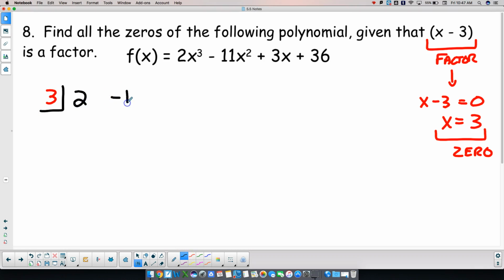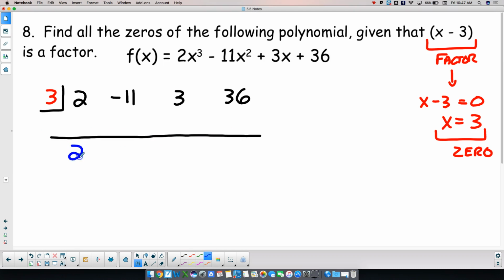Two, negative 11, 3, 36. Two, 6, negative 5, negative 15, negative 12, negative 36, and 0.